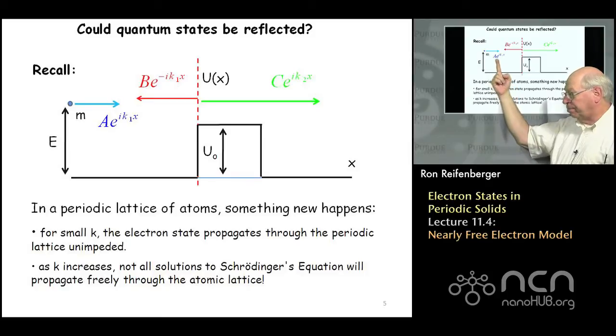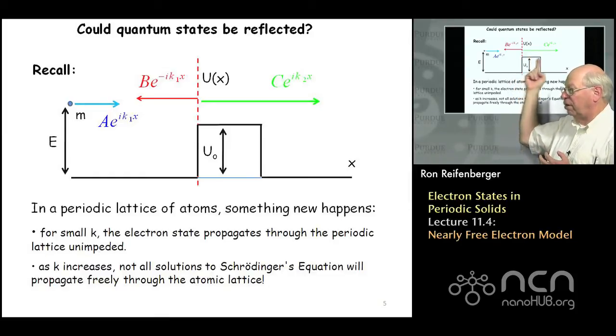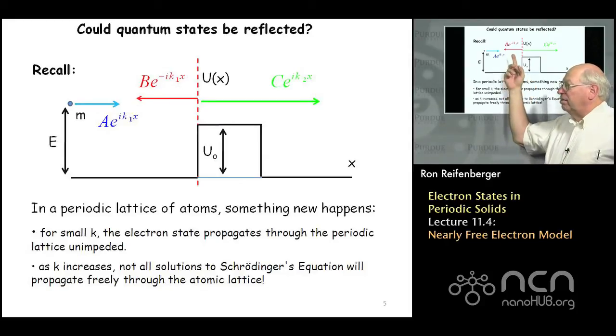When that plane wave state encountered a potential barrier, modeled as a sharp, abrupt, square potential barrier of height u naught, something very interesting happened. Some of that wave was reflected with an amplitude b, given by the wave function e to the minus ik1x, because now it's traveling in the opposite direction.